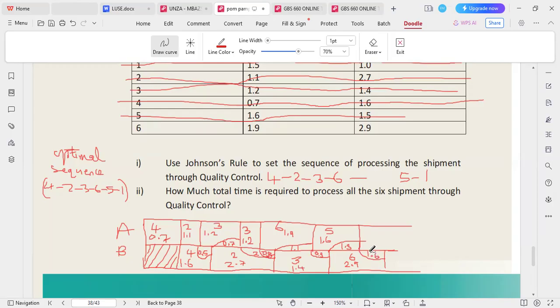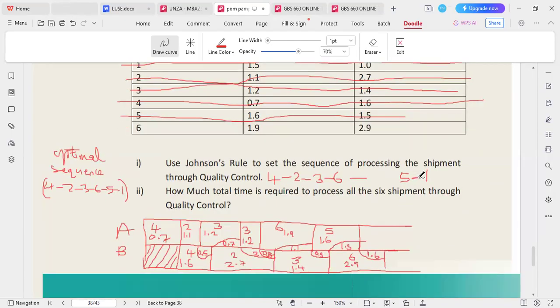So by the time they're finishing running job 6 in operation B, the people in department A would have started running job 1.